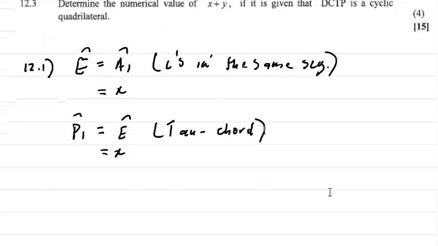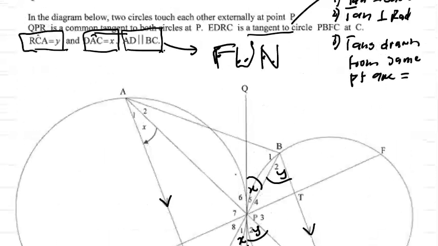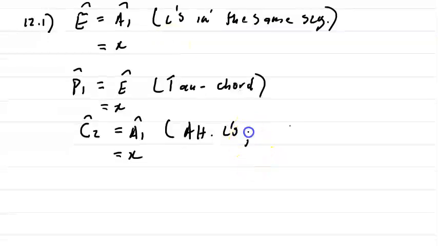So we'll say C2 equals A1 equals X, and we've written down that the reason will be alternate angles, and that is because we're given that, there it is here, AD is parallel to BC. Let's write that down. AD is parallel to BC.